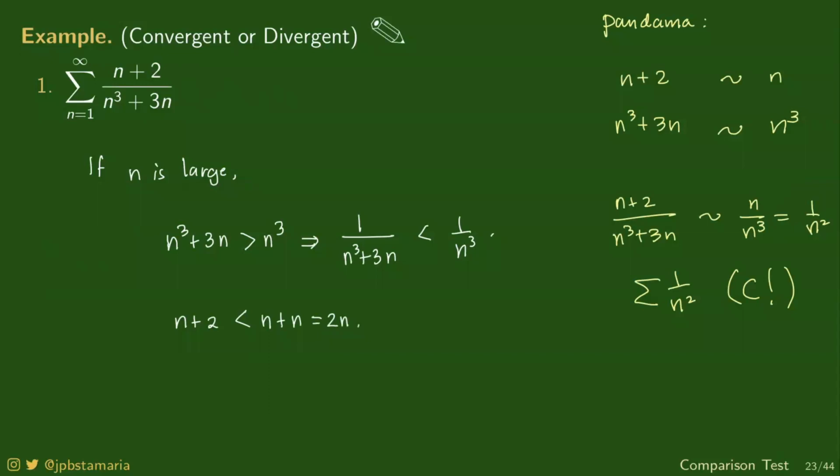Kaya, kapag i-combine ko yung dalawang inequalities na ito, anong makukuha ko? Therefore, yung n plus 2 over n cubed plus 3n is less than 2n over n cubed. Yeah, and that is 2 over n squared.